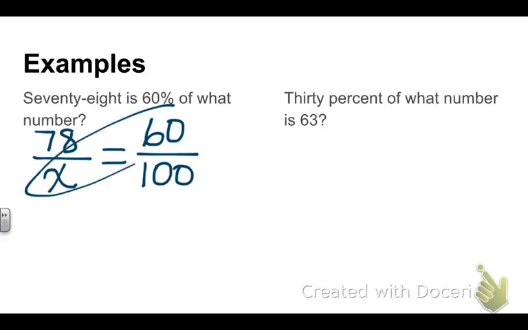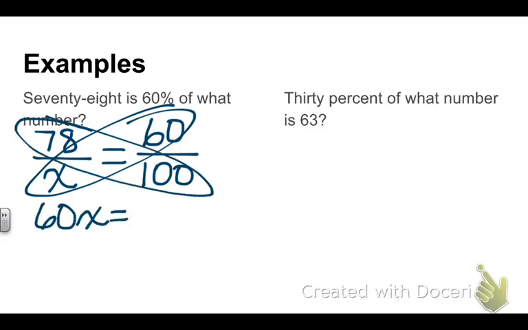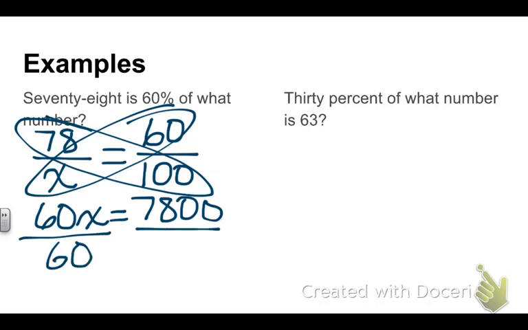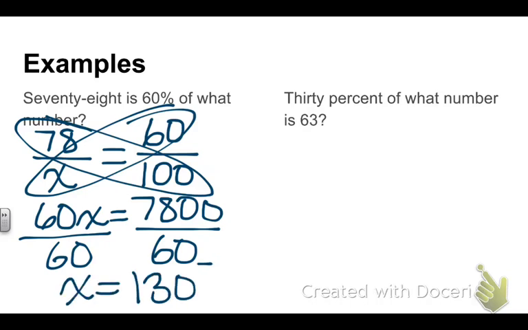Same thing, cross multiply. 60 times x gives you 60x. 78 times 100 is 7,800. x is being multiplied by 60, so divide by 60 on both sides. And you're going to get x is 130.